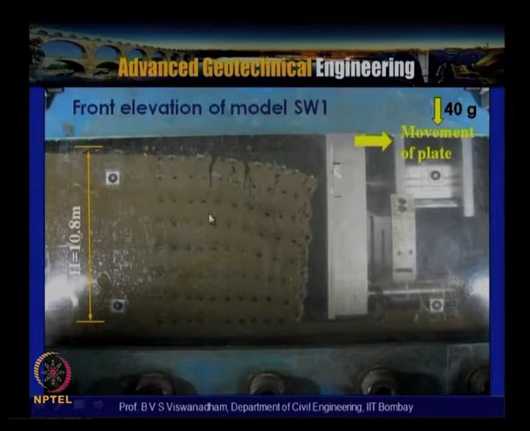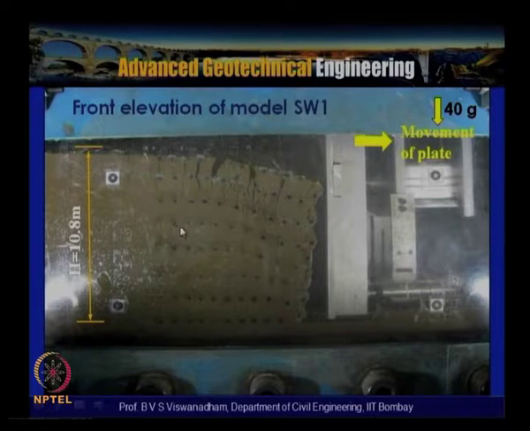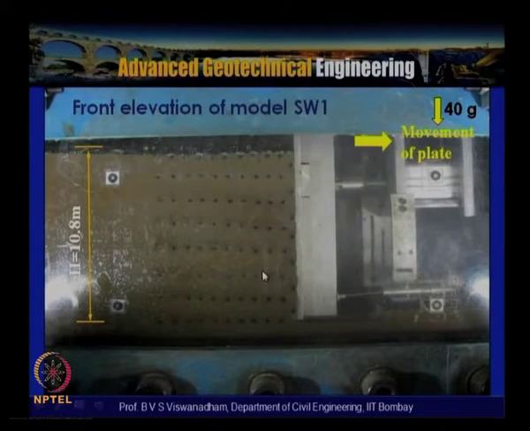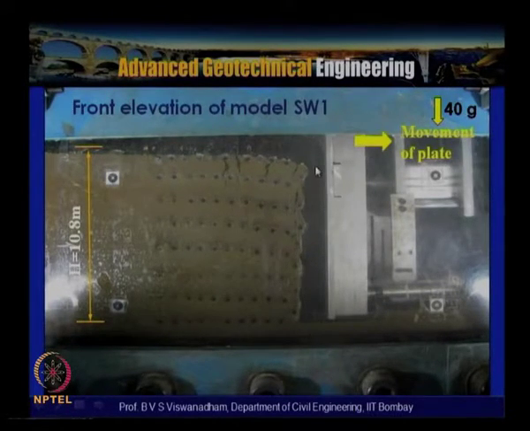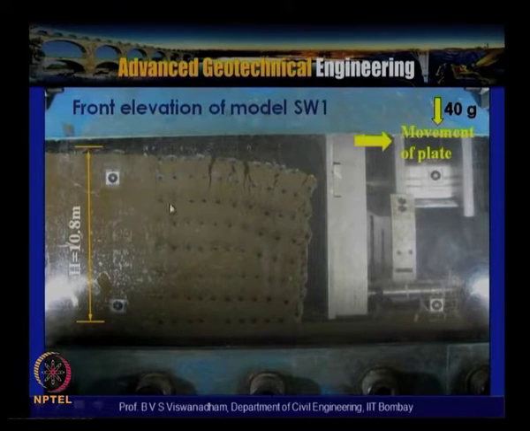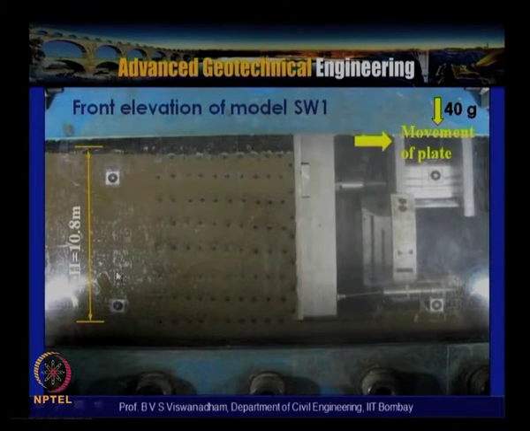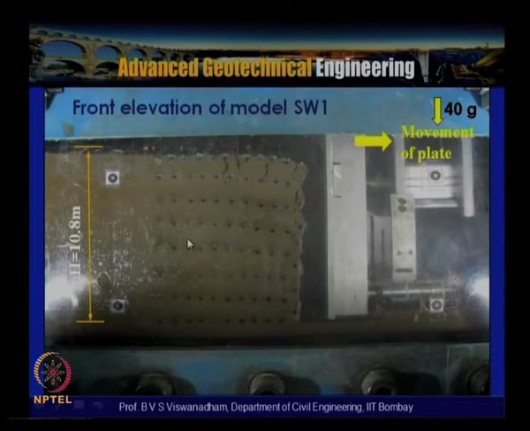You can see that multiple tension cracks are formed, which led to excessive deformations of the wall in the topmost zone. If a similar wall were there in the field, we can see that this type of deformation can happen for a 10.8 meter wall.